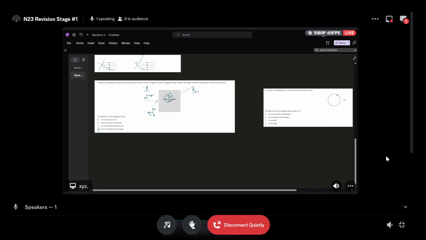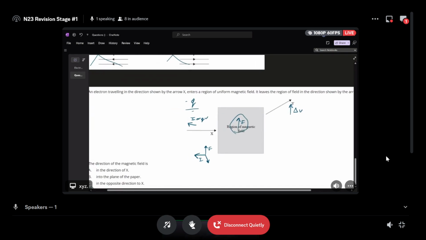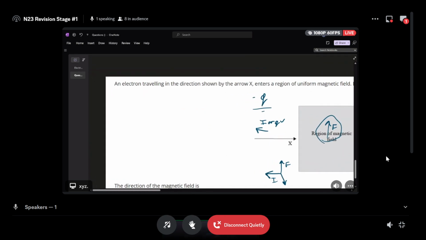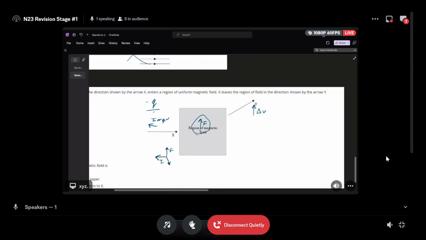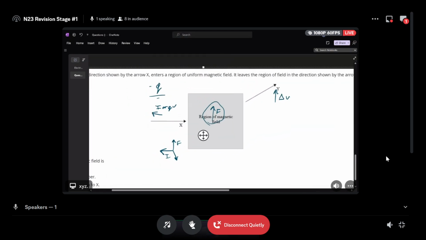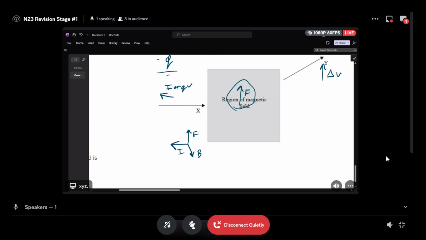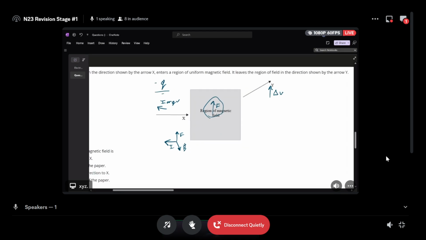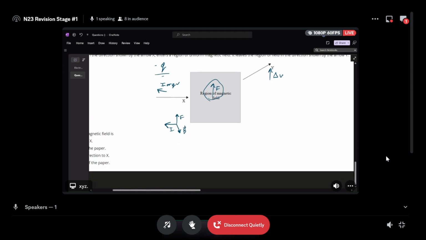So here, the charge is negative because it's an electron. So our I must go the opposite way. So if you use your right hand, your index is your current, your middle is your magnetic field, and your thumb is your force.